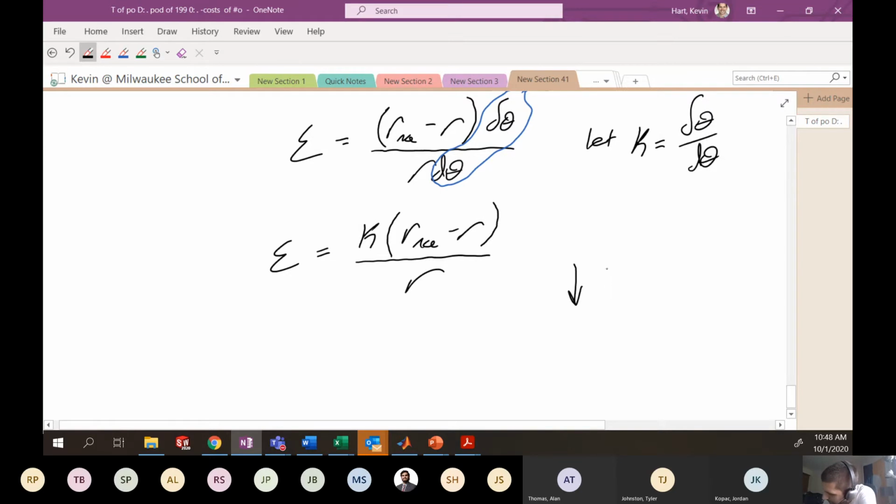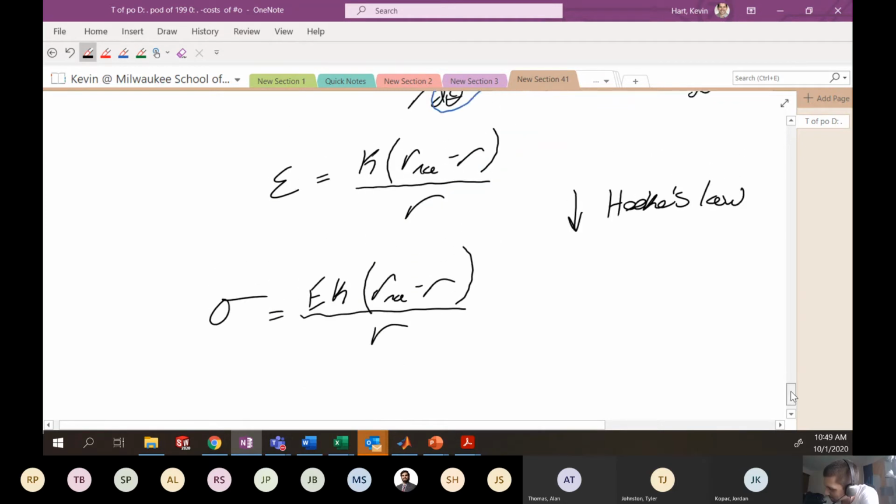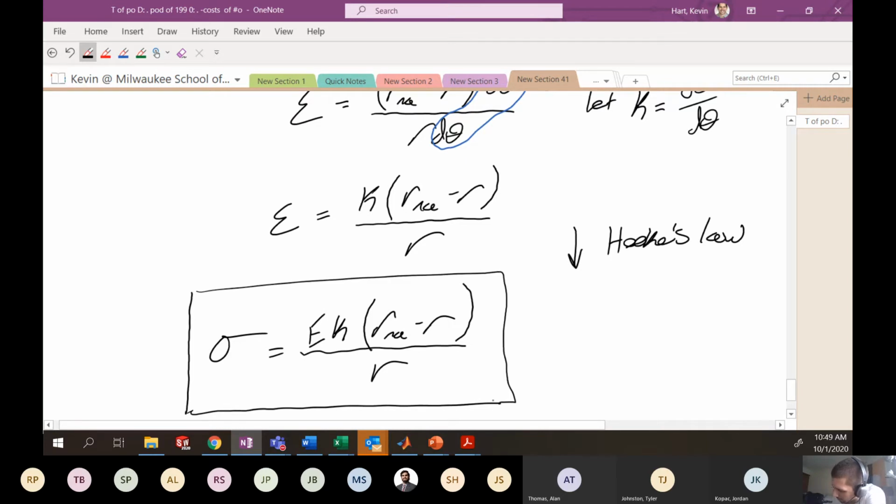Hooke's law will get us that the stress at this particular location is the modulus times this constant k RNA minus r over r. It's a pirate's favorite, r. And here is your stress distribution in a curved member.